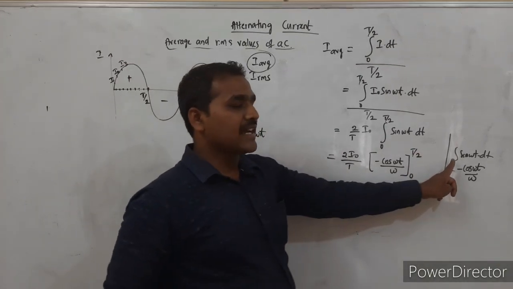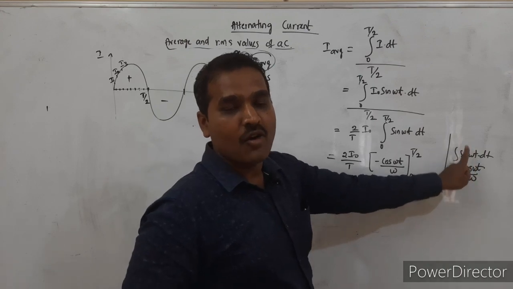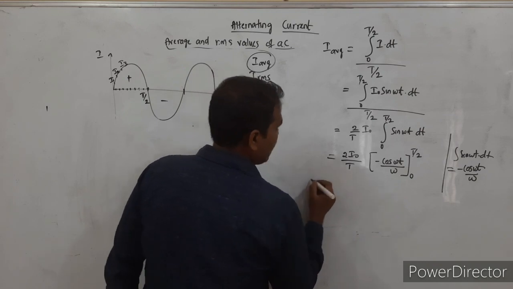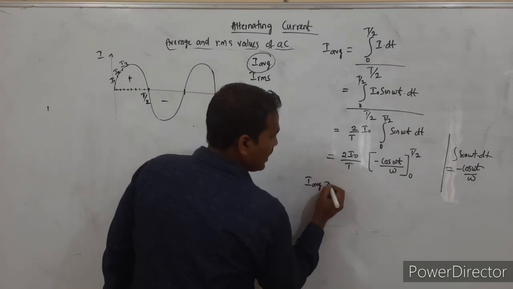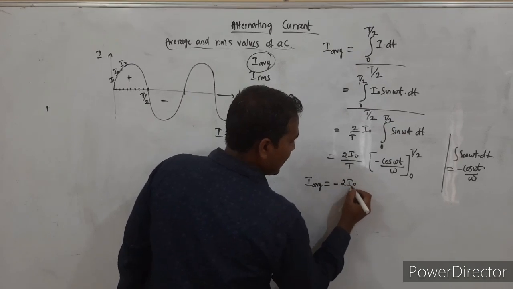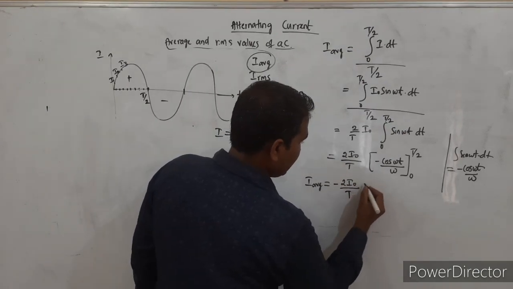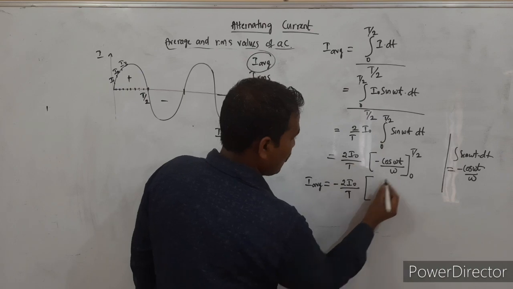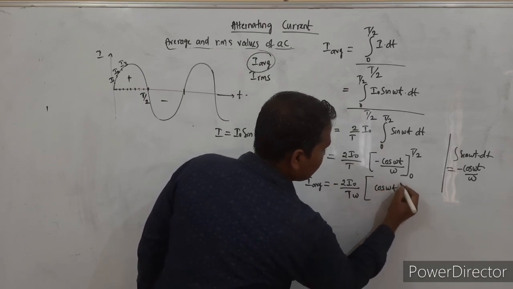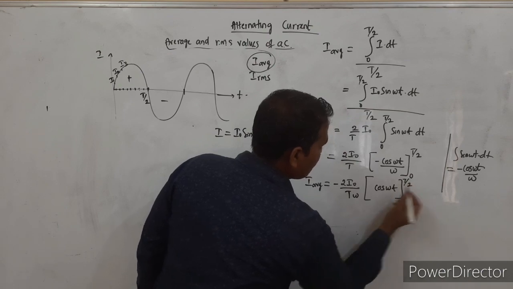Integration of sin ax is minus of cos ax divided by a. So I can write I average is equal to minus of 2 I naught divided by T, and let us apply the limits here. Omega also I can take outside. I can write cos omega t between the limits of 0 to T by 2.